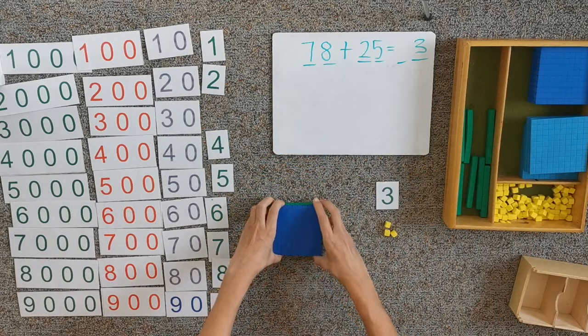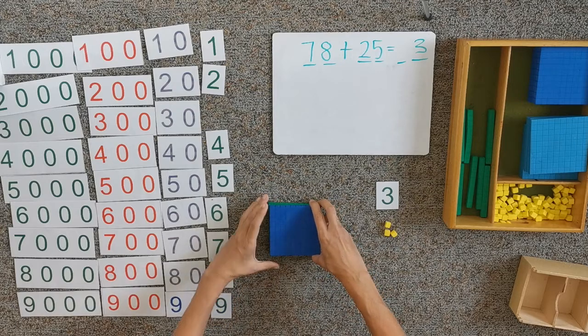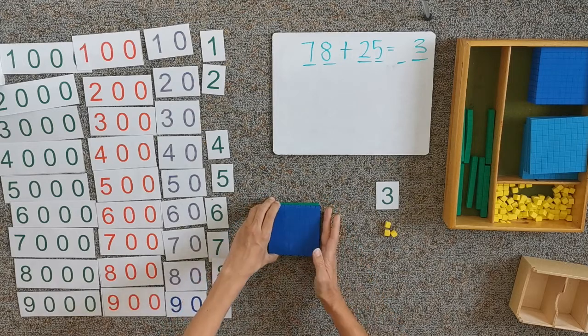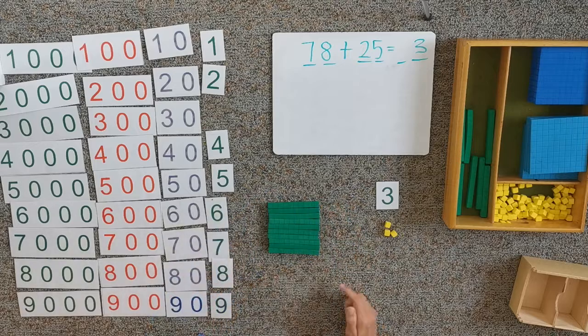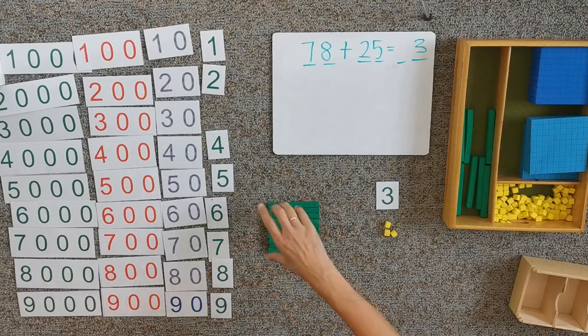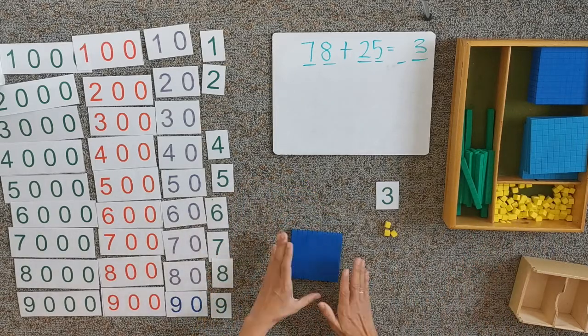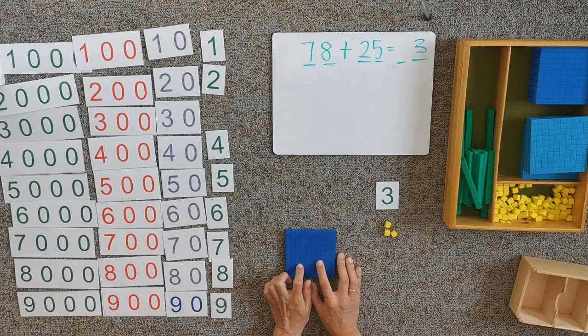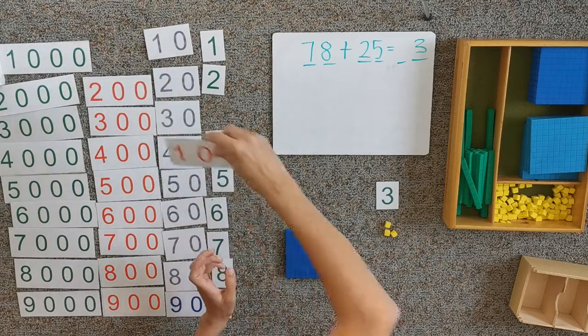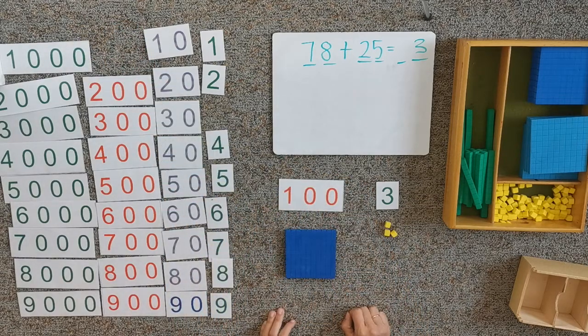Yes, this is 100. You can check it. It's exactly the same size. So in this case, I need to trade these 10 tens for one of these. What's the value of this? 100. So what's going to be my answer?